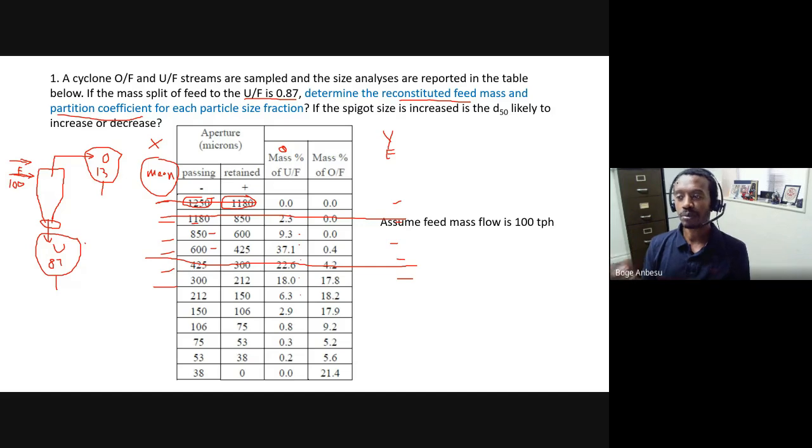As long as you sample the underflow and overflow properly, it shouldn't be any issue at all. It's probably more of a sampling issue rather than any sample loss. So if I'm given overflow and underflow samples for a cyclone, I just assume they add up to the feed, unless someone tells me otherwise.